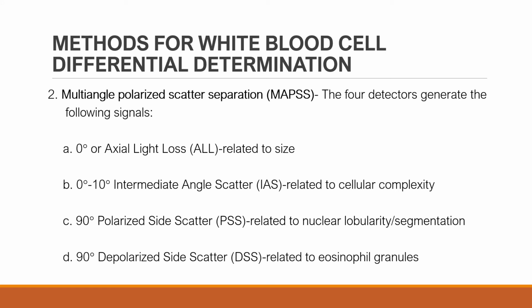And lastly, the 90 degrees depolarized side scatter, which is related to detection of the eosinophil granules. All of these signals are important in identifying and performing characterization of the 5 different WBCs.